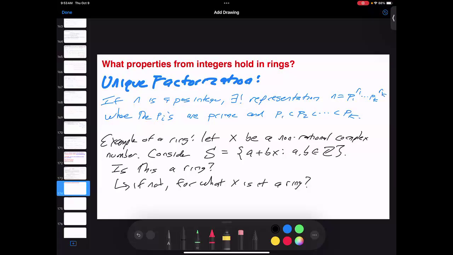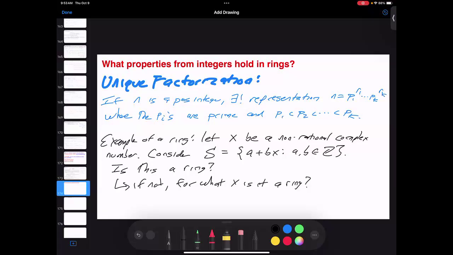1. Unfortunately, that doesn't satisfy my constraints on X. It has to be a non-rational complex number. So if I took X to be 1, then you would have all numbers of the form A plus B times 1. Where do A and B live?